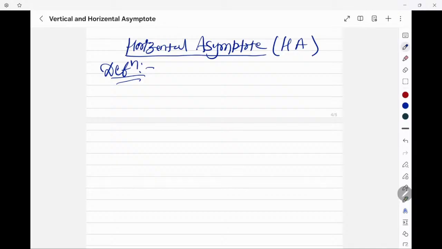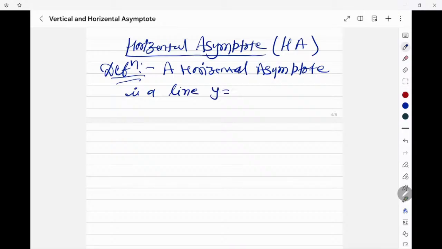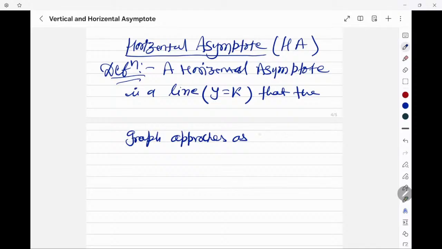A horizontal asymptote is a line y equals k that the graph approaches as x moves towards positive or negative infinity.